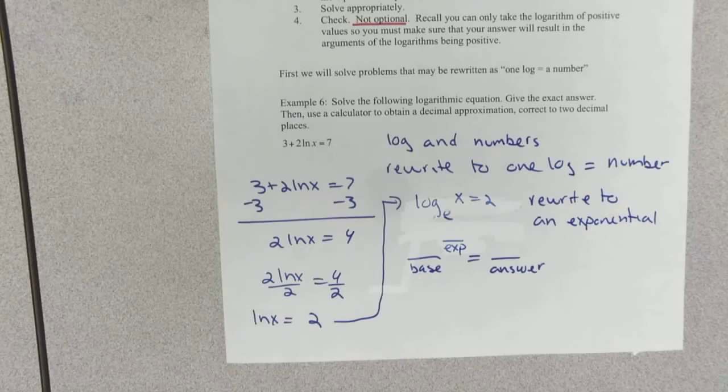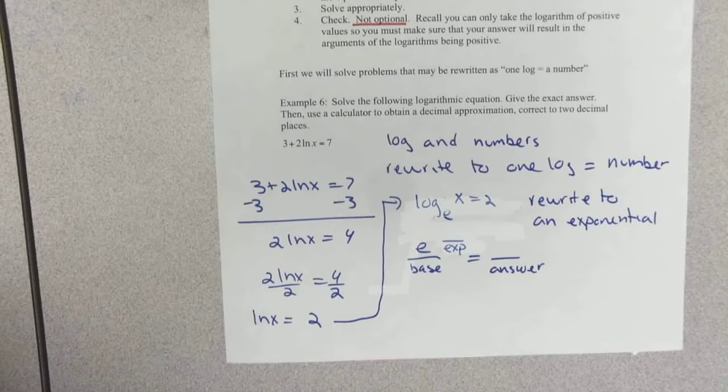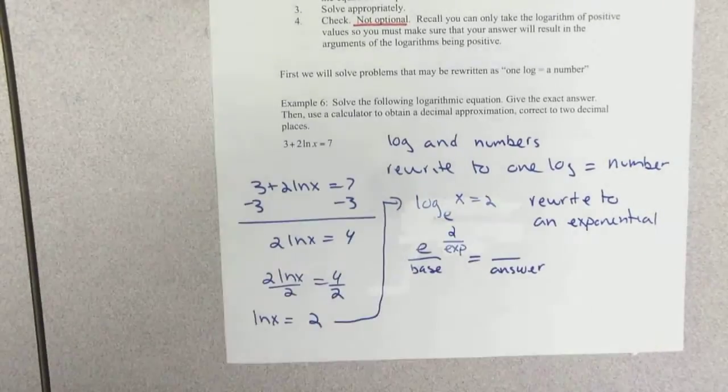That fill in the blank thing we did a few days ago. And then we use these words to guide us through doing that. Bases remain bases. The base of the logarithm is e. So my base is e. Logarithms equal exponents. That log is equal to 2. So 2 is my exponent.